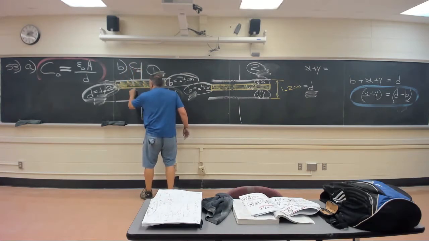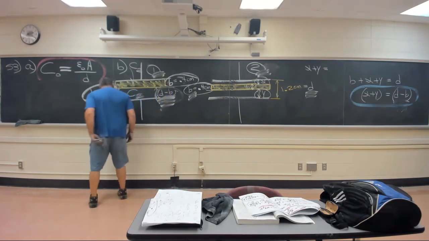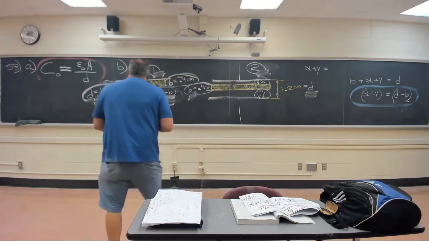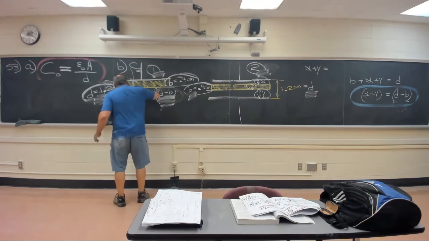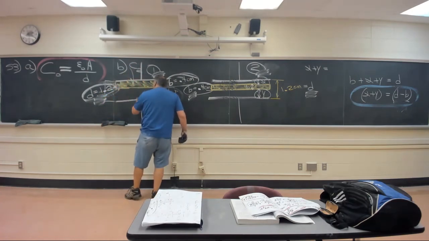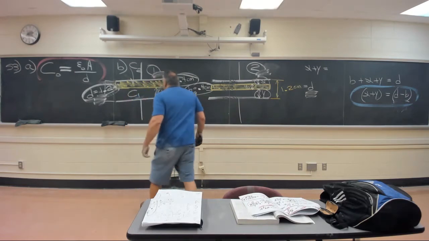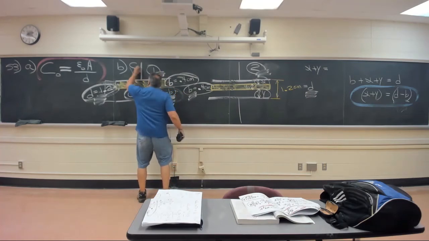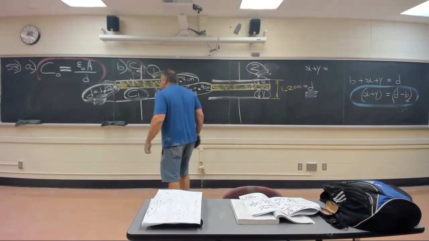Make this guy right here pertain to capacitor 1. Usually I like to take 1 on the top, 2 on the bottom, but whatever. It doesn't really matter. Let's just know what we're doing. So we've got this situation for C1, this one for C2.